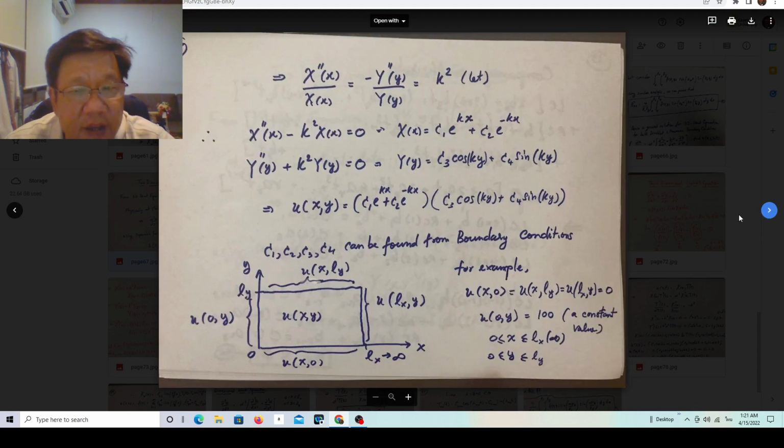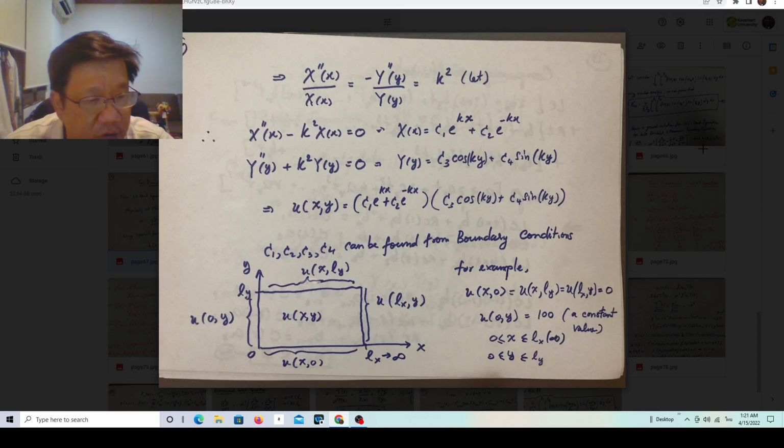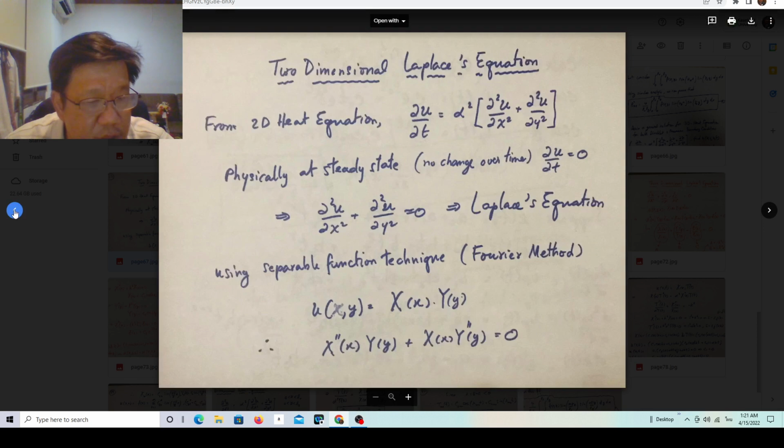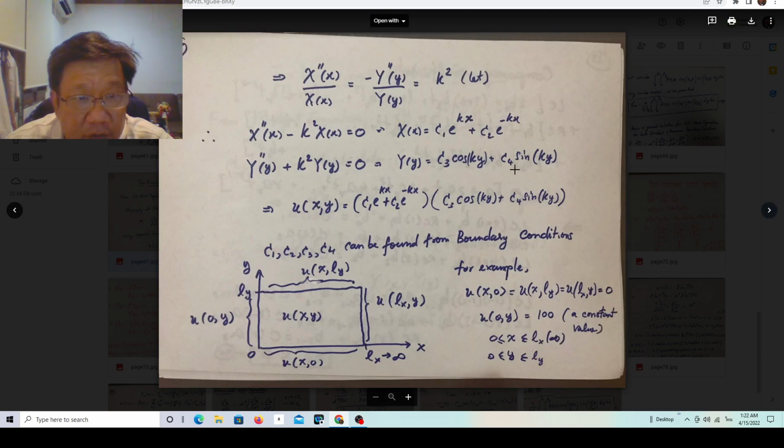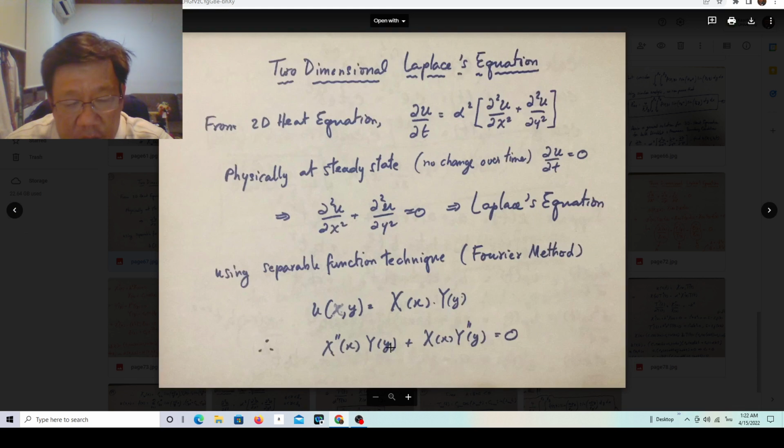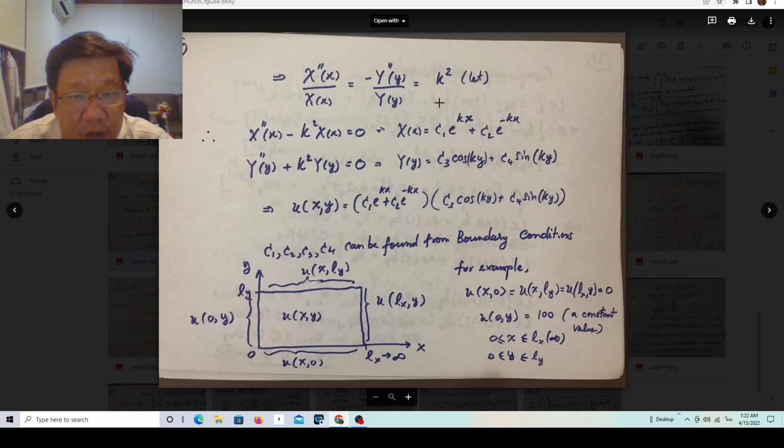Then we apply a pretty similar technique. You can see that once this is zero, you can move one of the terms to the other side, and that leads you to this relationship. You remember that this term equals minus this term, because when you move the right hand side to the left hand side, it leads back to this equation.